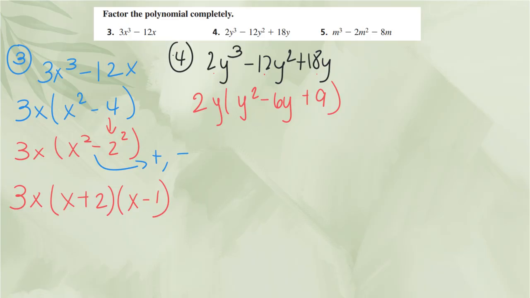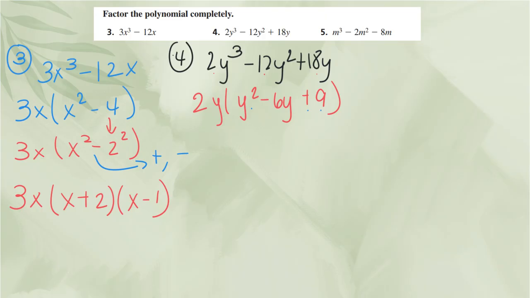And remember, with the perfect square, I know y squared is a perfect square, and 9 is also a perfect square. And I can divide 6 by 2. So this is positive, so it means c is positive, and b is negative. Both of them are going to be negative.